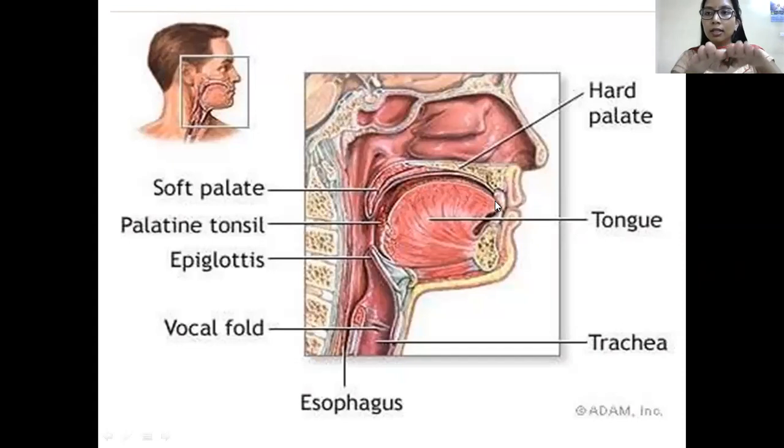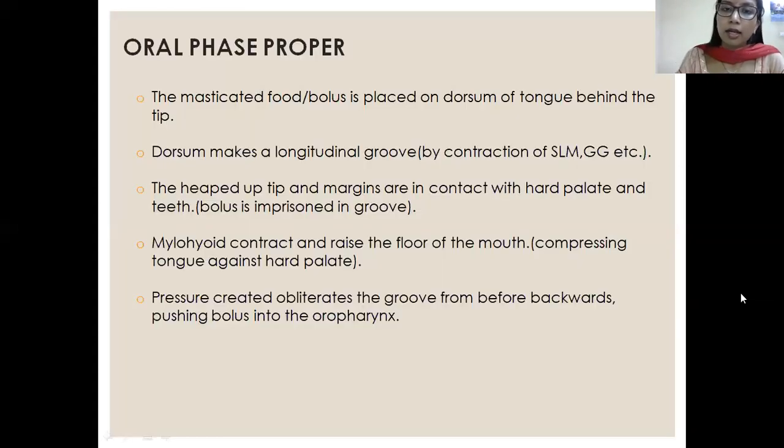Longitudinal groove, as in the edges tend to elevate, whereas a pit sort of a thing, a longitudinal straw kind of an area develops in the midline. So for this, you need an intrinsic muscle of the tongue to act, and also an extrinsic muscle. Usually a longitudinal muscle of the tongue acts, and your genioglossus. These are responsible for forming this longitudinal groove.